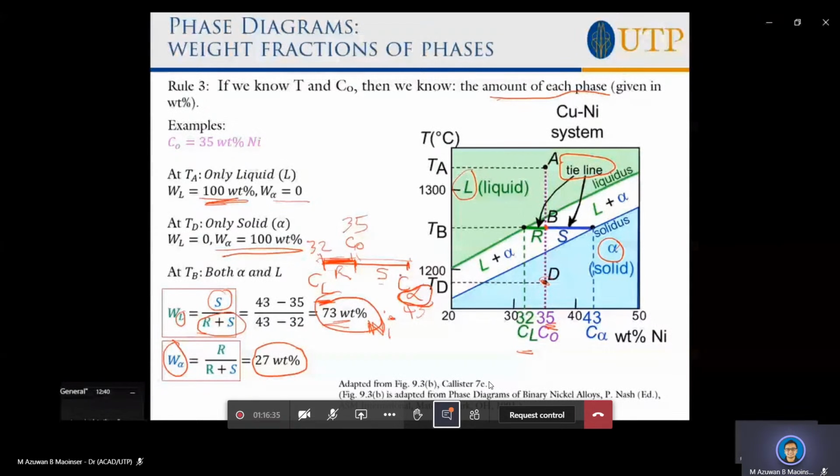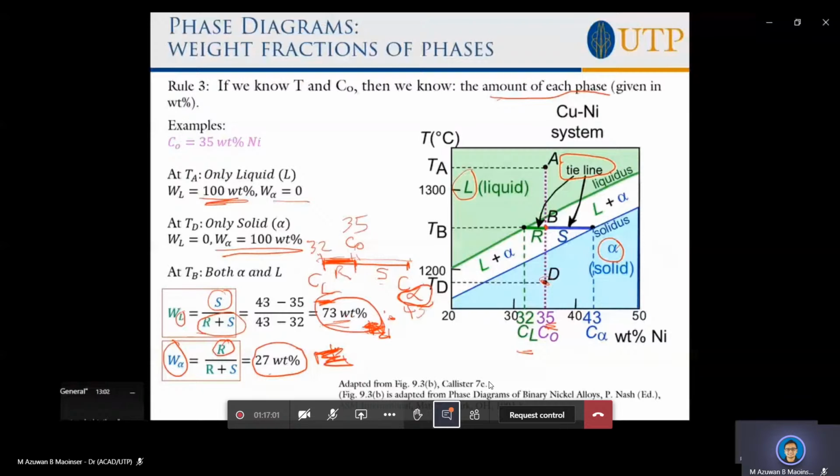So now I have R over the total length, R plus S. So I will get 27% weight% of nickel. Sorry, this is about amount. Amount tak payahlah sebut nickel ni. Amount means amount lah. Ada 73% of liquid and 27% of alpha.